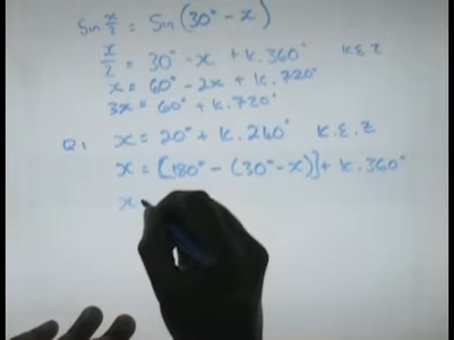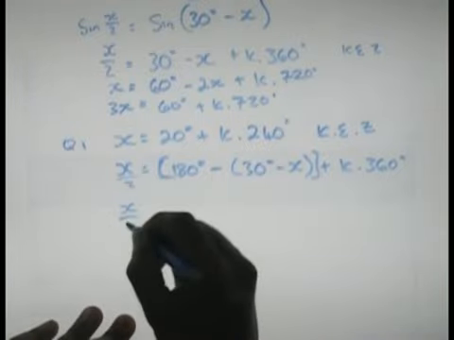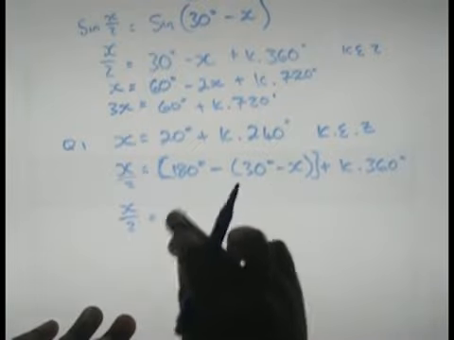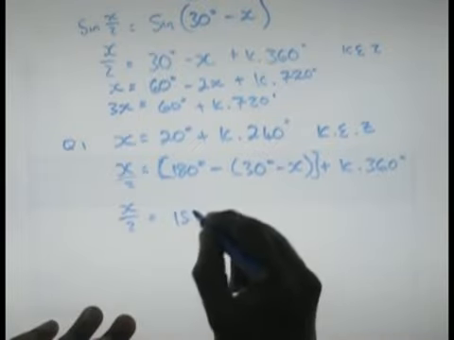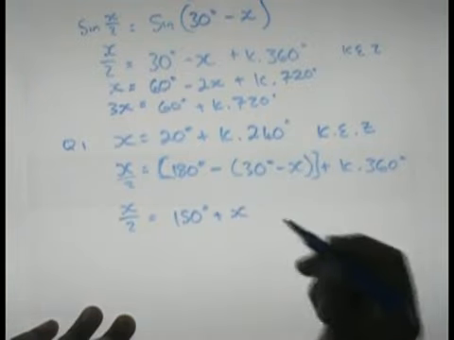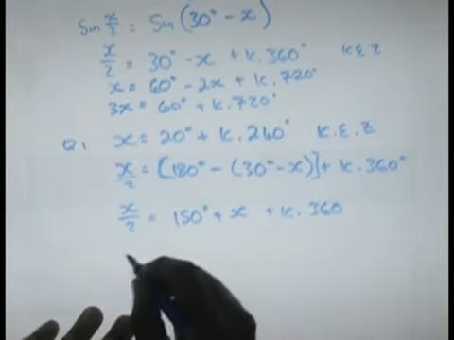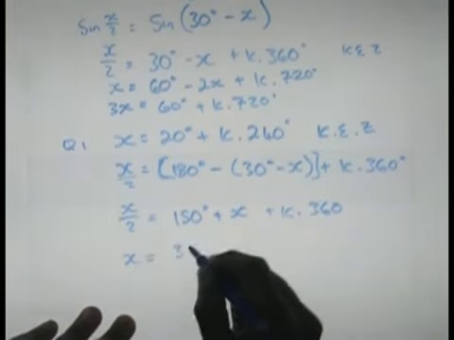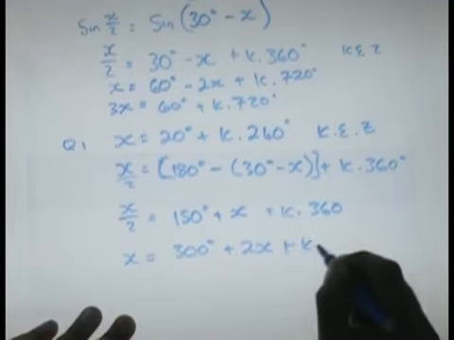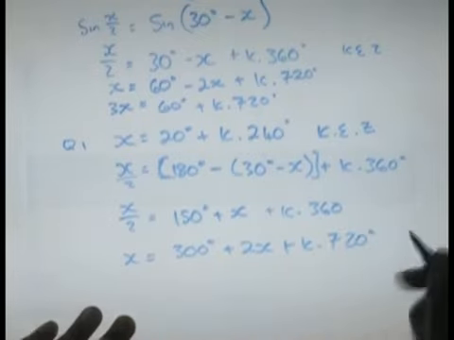That means that x over 2 is equal to 180 degrees minus 30, which is 150 degrees. Minus times a minus is plus x, plus k times 360. That means that x is equal to 300 degrees plus 2x plus k times 720 degrees.